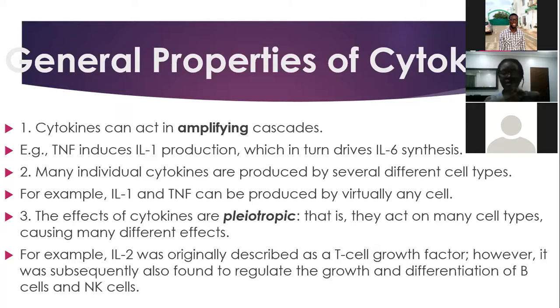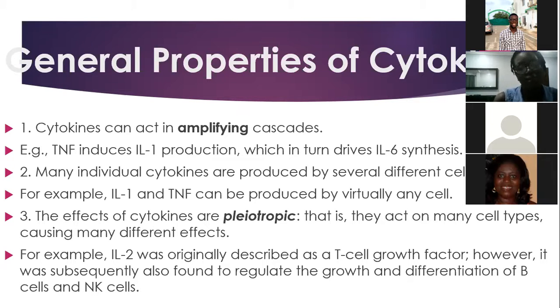So it amplifies the process. They are also produced by several different cells, and they are also pleiotropic. That means that they can act on different cells and cause different effects.